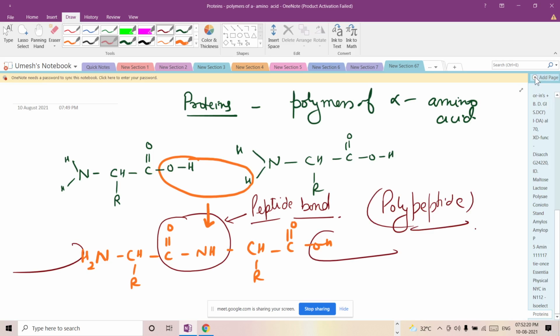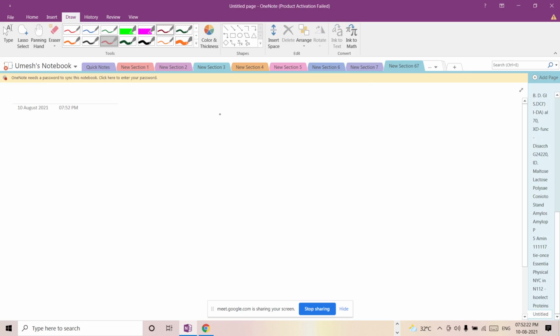And when the molecular mass of the polypeptide becomes greater than 10,000 atomic mass units, it is now called a protein.